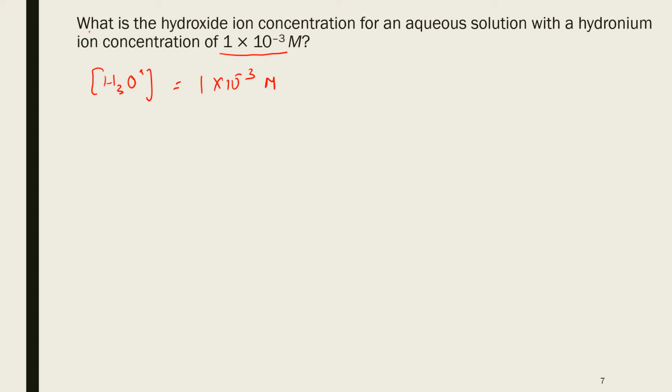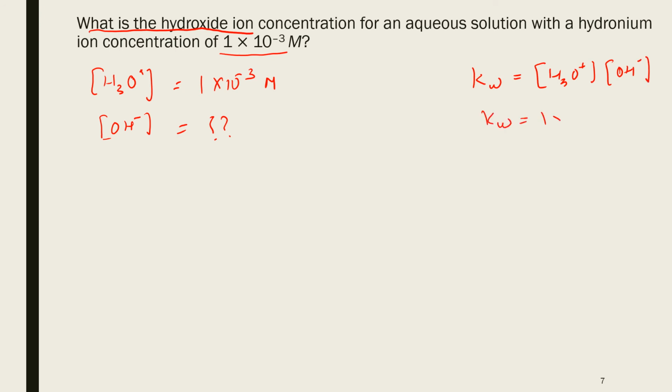And we want to find the concentration of hydroxide ion. So this is unknown, and we would like to find it. From the autoionization of water, we know that Kw is equal to hydronium ion concentration multiplied by hydroxide ion concentration. And we also know that Kw is equal to 1 times 10 to the negative 14.